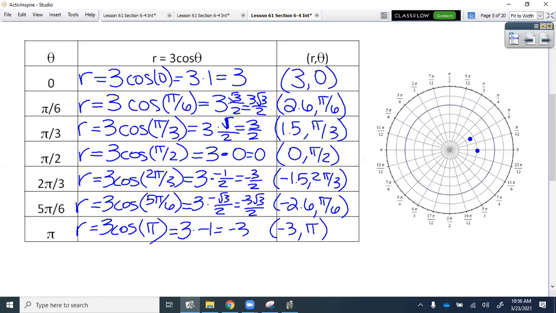At pi over 3, we are 1.5. Pi over 2, we are at 0. All right, take 1 minute. See if you can get those 3 negative points in, and then we'll confirm together.